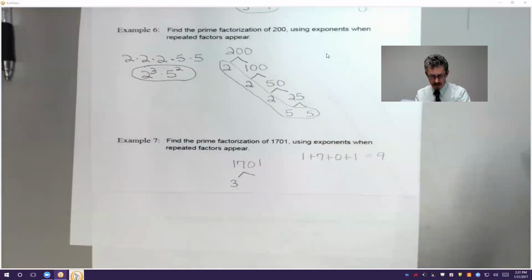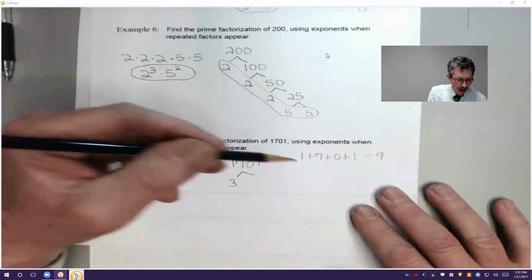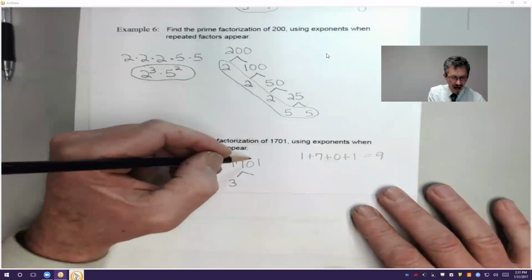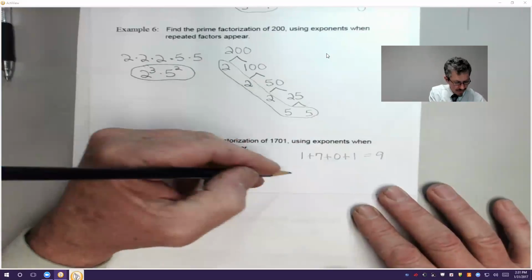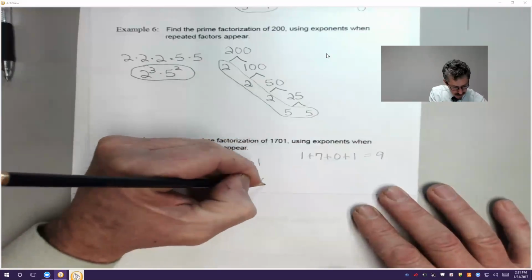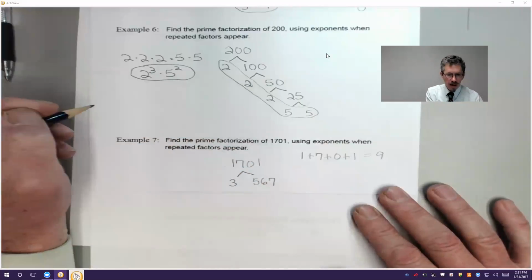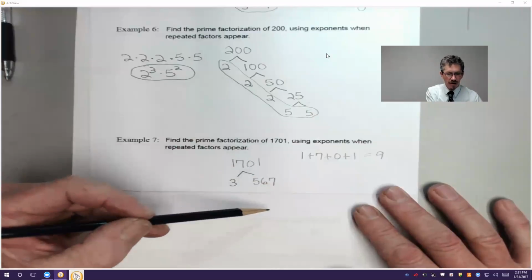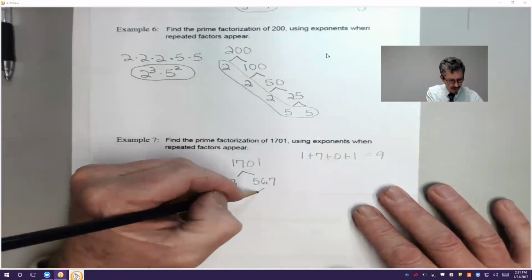Now, typically, we would have to do long division. Since I've already worked this out, I know that 1,701 divided by 3 is 567. Since I was not able to divide by 2 at the beginning, I will not be able to divide by 2 any time later either.